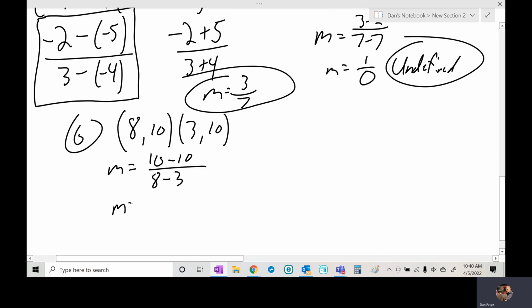Now 10 minus 10 gets 0. And 8 minus 3 gets 5. This one is saying, remember, this is the rise and this is the run. This is a line that does not go up and down, but goes left and right. What do we call that? 0. 0 or no slope. You could write that either way.